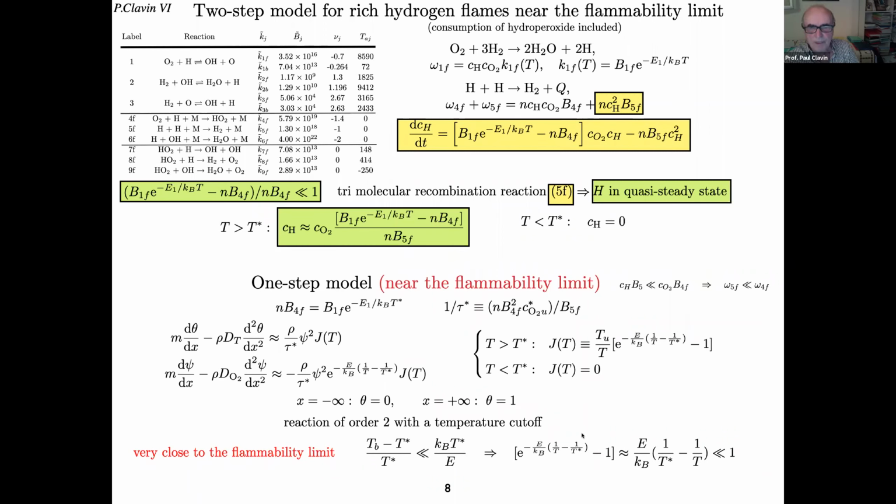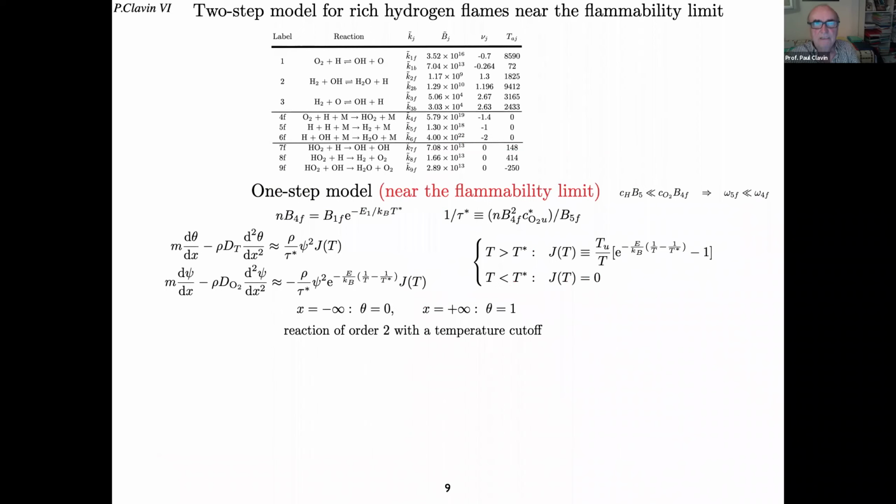So you can replace the term in terms of the inverse of the temperature, which is in fact the difference of temperature with the crossover temperature. And this is what is done here, very close to the flammability limit.